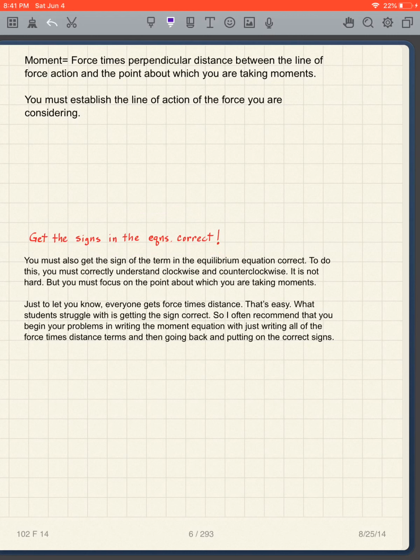You've got to understand. Everybody knows clockwise and counterclockwise, but we have to think about it and get it right. So you must focus on the point about which you're taking moments.